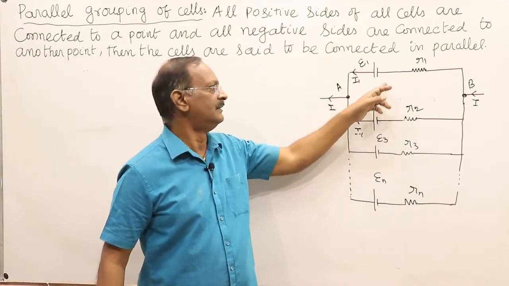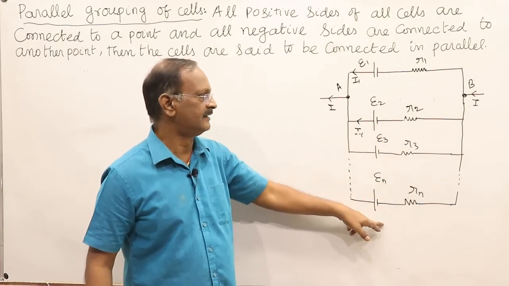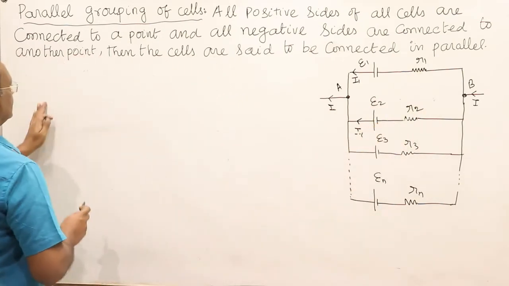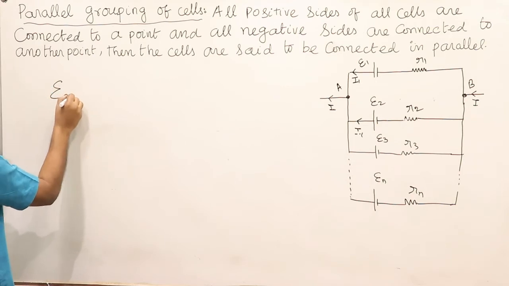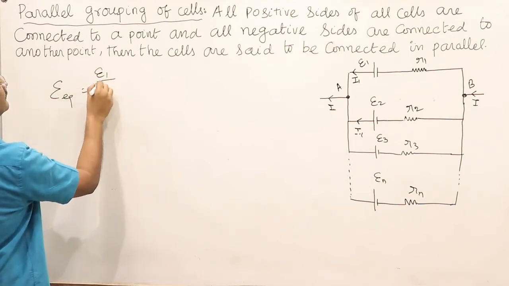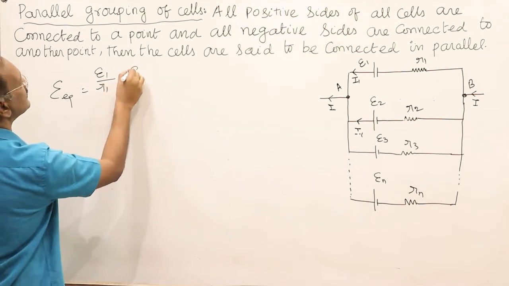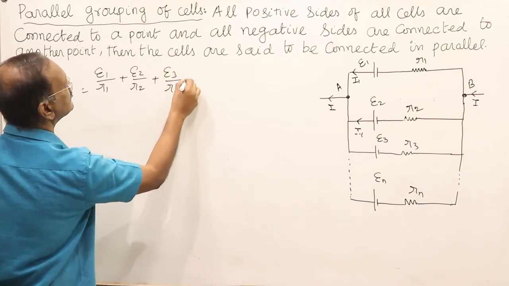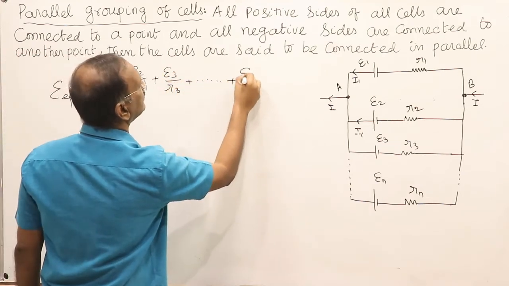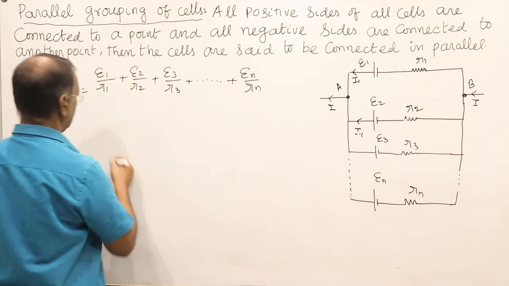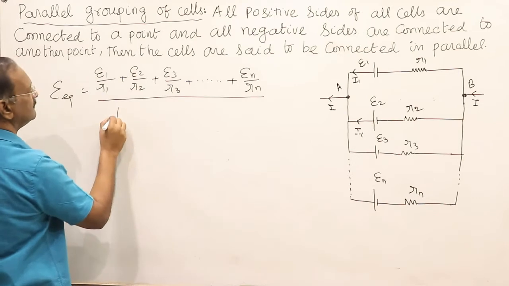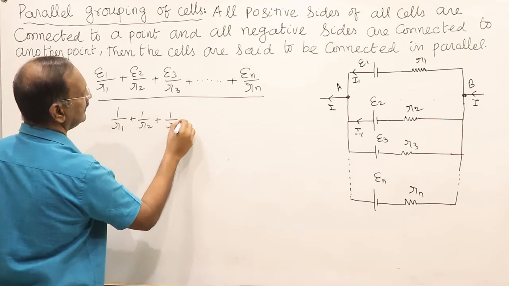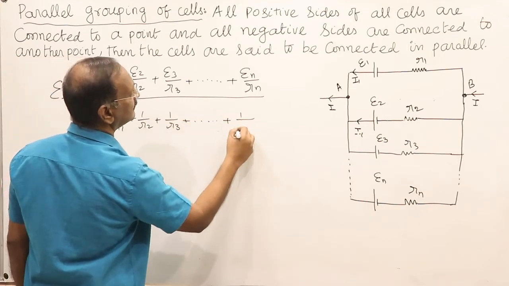Suppose n cells, 1, 2, 3, 4, 5, 6 up to n, are connected in parallel with internal resistances R1, R2 and R3 and so on. We know the result: E equivalent is equal to the EMF of the first cell divided by its internal resistance, plus the second one's EMF divided by its internal resistance, plus the third one, and so on, up to the nth cell's EMF divided by its internal resistance, all divided by R equivalent, that is 1 by R1 plus 1 by R2 plus 1 by R3 plus up to 1 by Rn.